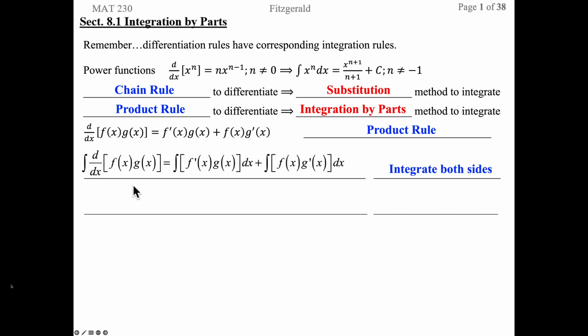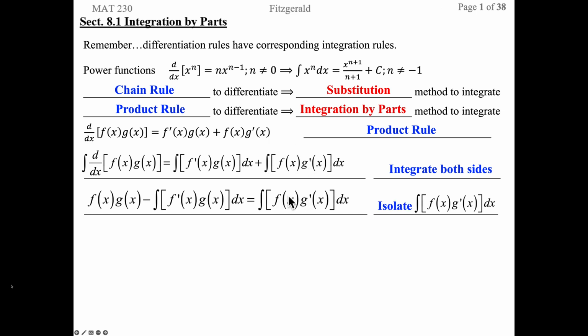So what I'm going to do is integrate both sides of this. If I integrate the derivative, I will get the integral of this first product plus I'll integrate the second product. Then we cancel these two right here.